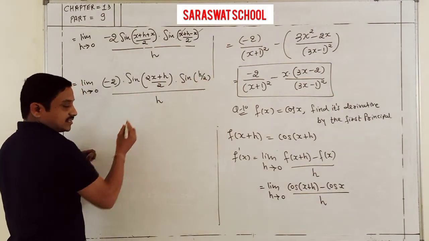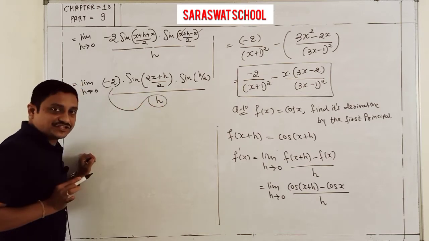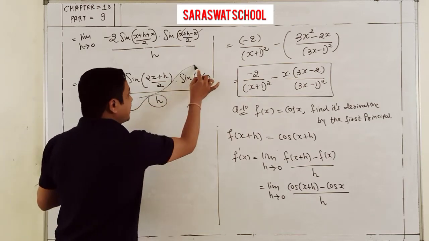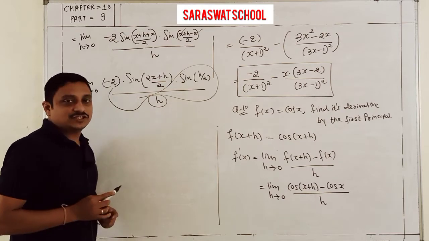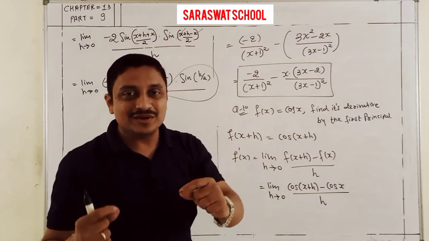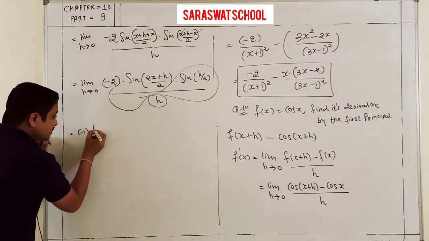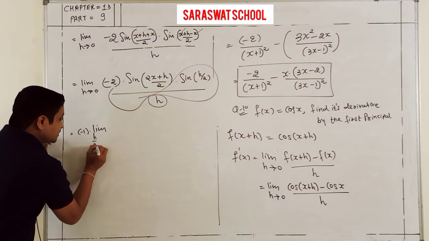So I will take the divide with h and arrange this sine h by 2. Indirectly sine h by 2 upon h by 2 is definitely 1, and minus 2 as a common factor carried outside, so limit h by 2 tends to 0.